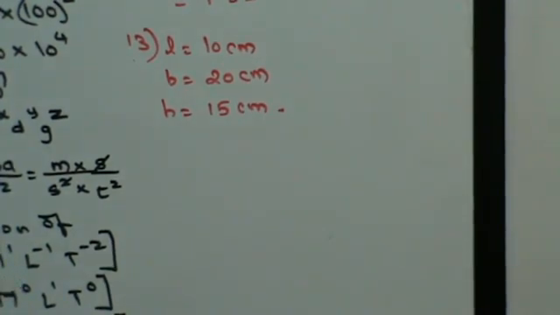Can you repeat the sum, guys? I think I made a mistake in the dictation of the sum. Find the percentage error in the volume of a block of length, breadth and height.